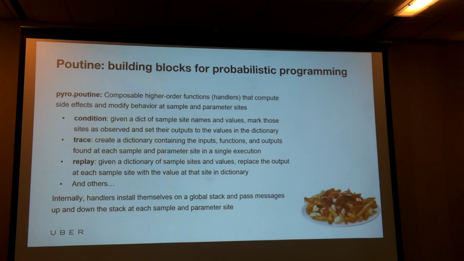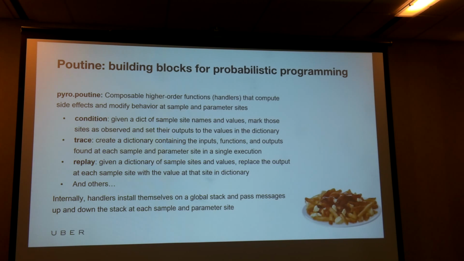For example, there's a higher order function, an effect handler called trace, which creates a data structure, effectively a dictionary, containing the inputs, functions, or distributions, and the outputs found at each sample and parameter site in a single execution of the model. And then there's another, replay, which takes a dictionary of sample sites and values, this data structure that you might get from trace.